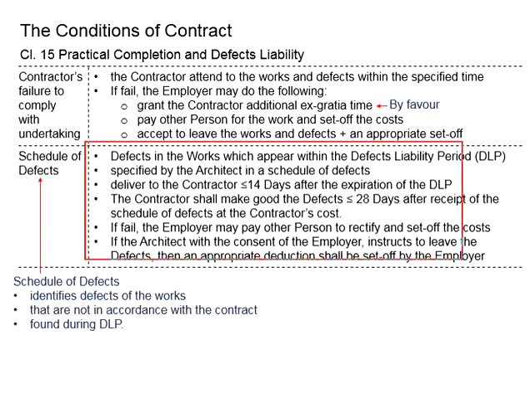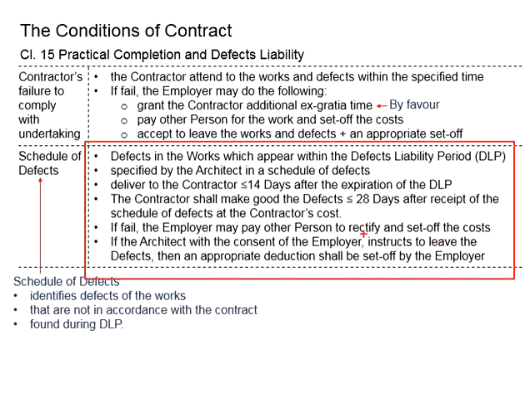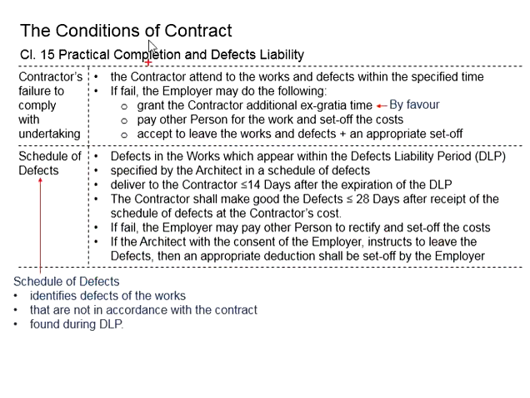Now let us reorganize the information here. The schedule of defects is issued by the architect. It identifies all the defects found during the defect liability period.